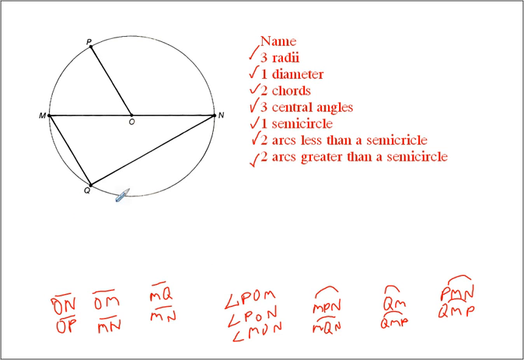So QMP, how did I do that? That's not right. I meant QMN, so let me fix that right now. Sorry about that. QMN, not QMP, because QMP is less than a full semicircle.